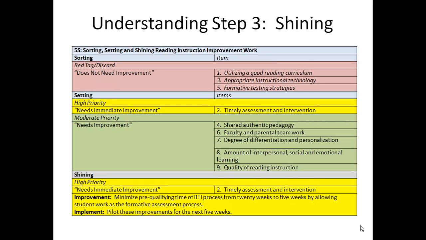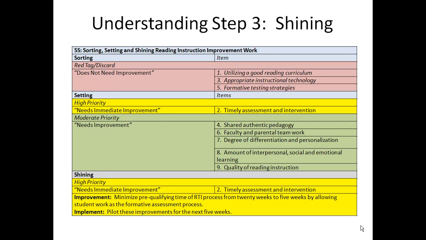And that is that, you know what, we do not have a timely assessment and intervention process in place for reading instruction. So now what we can do is move into the 3rd step, and that is shining, and actually begin to figure out what it means to improve the amount of time it takes to assess and provide appropriate intervention for students who are floundering with reading.